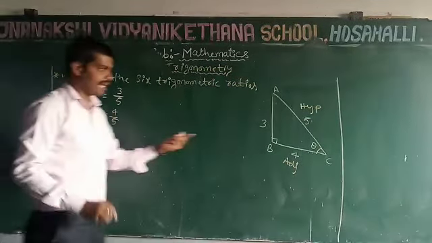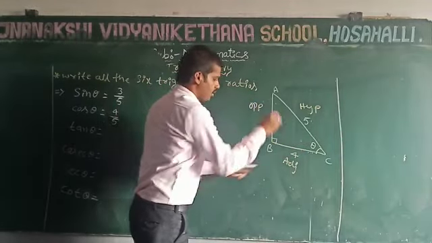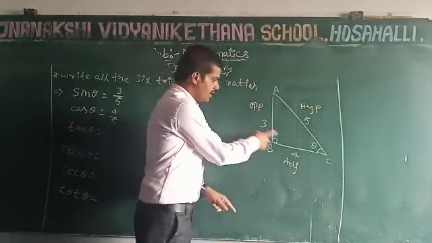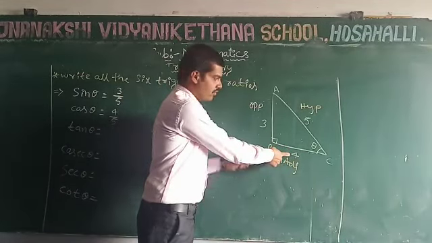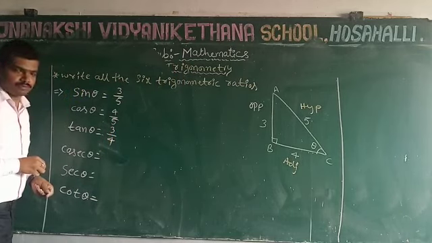Tan theta. What is the ratio of tan theta? Opposite divided by adjacent side, 3 divided by 4. Tan theta is equal to 3 by 4.